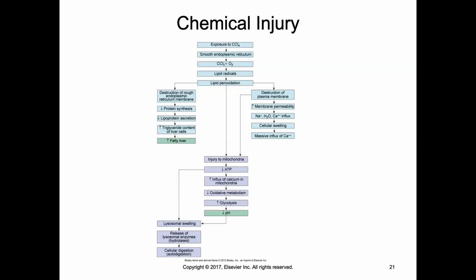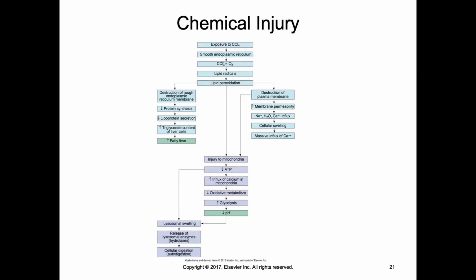So we can look at this chart here and we can see some of the chemical injury responses, right? Let's look at, in this case, carbon tet, which is a lipid soluble compound, which means it can basically store in the body in the fat in almost indefinite amounts. Okay, that's a hallmark of any lipid soluble compound.